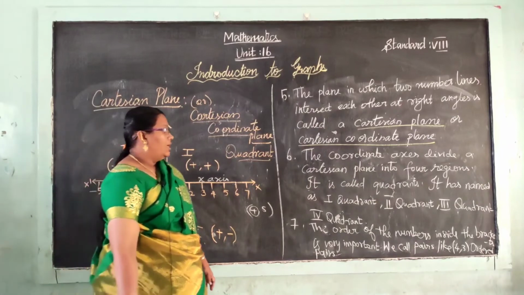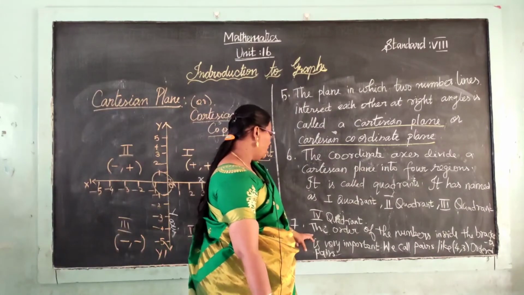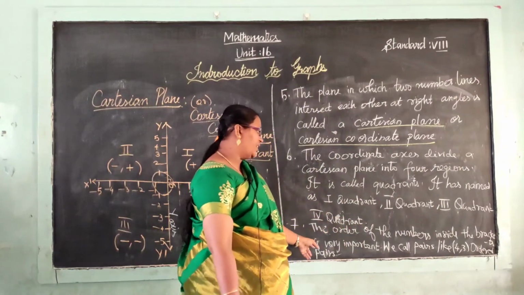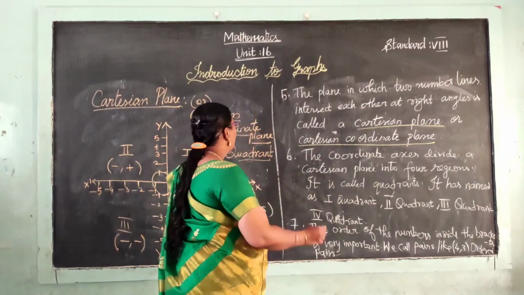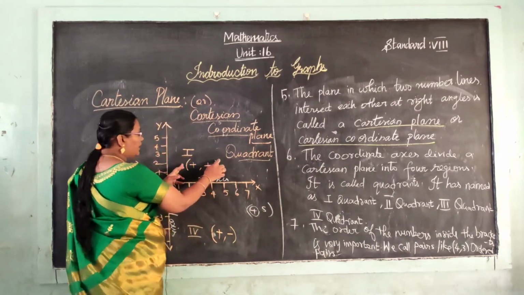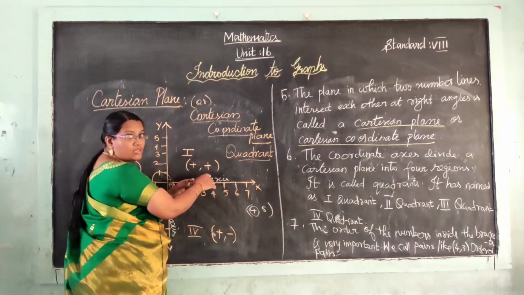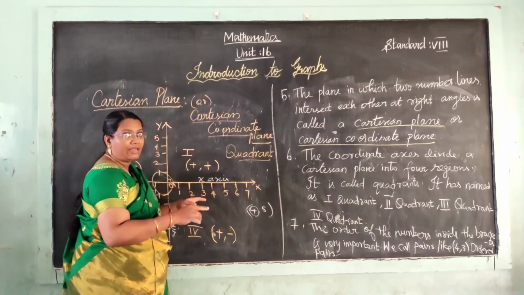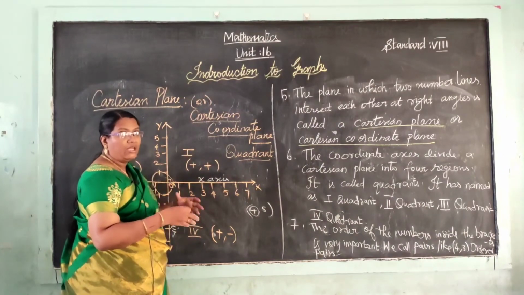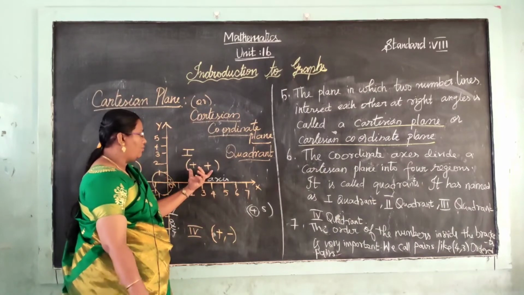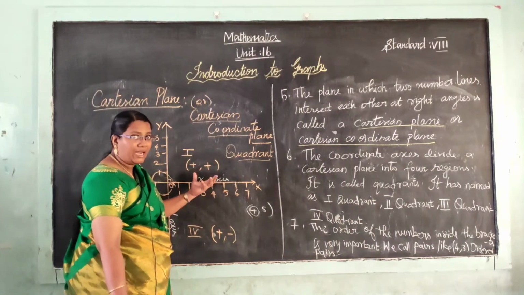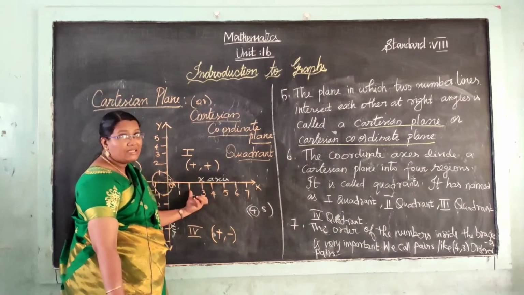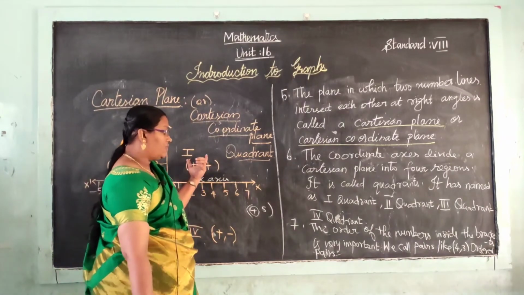Okay, that's it. See the next one: the order of the numbers inside the bracket is very important. Every point we have to represent within a bracket, a parenthesis. Any kind of point you have to write or plot in a graph, you should represent within a parenthesis. That is very, very important.